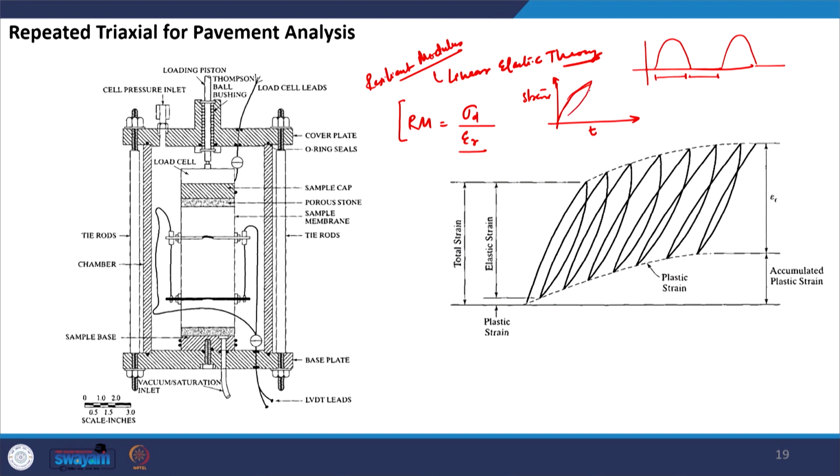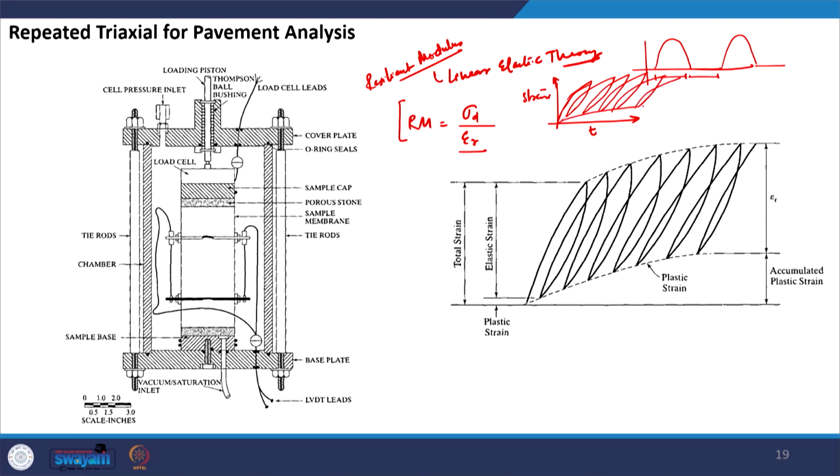Depending on the material property, it may either come back completely, or it may not, which means there will be some accumulation of plastic or irrecoverable strain. Similarly, when we apply the second load, the strain again increases, and after removal of the load the material tries to recover, and this loading goes on.